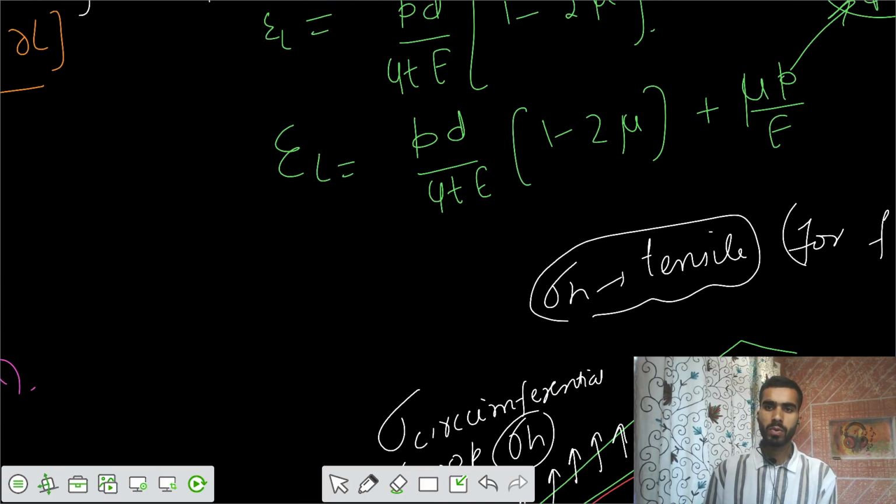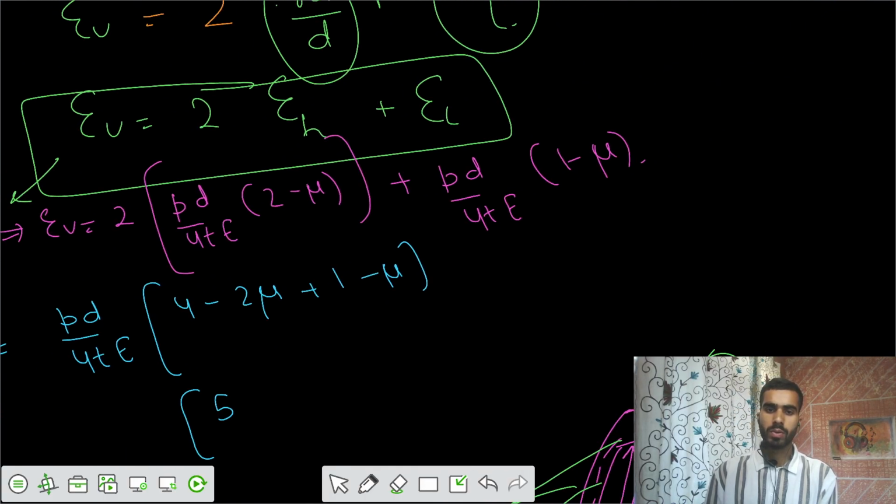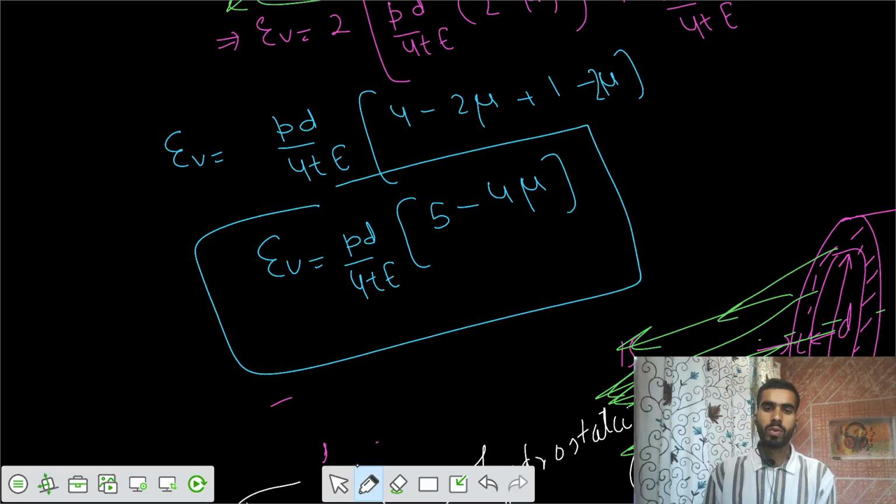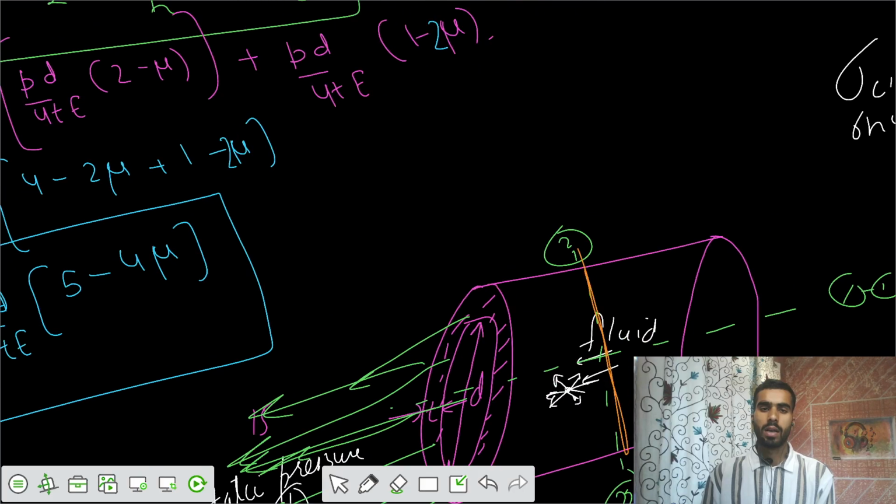Is this 1 minus mu? Yeah, this is 1 minus 2 mu. So you get 4 plus 1, that is 5, minus 4 mu. So finally the volumetric strain equals PD by 4TE times 5 minus 4 mu. So this is your final result.